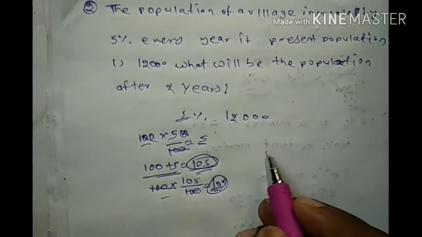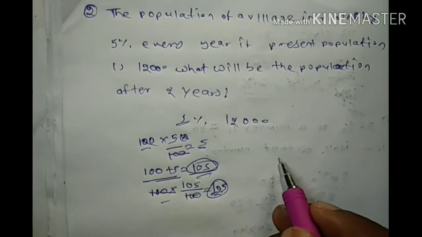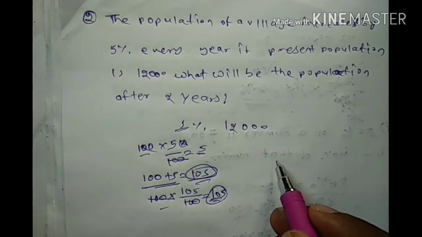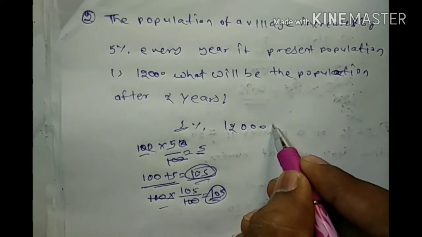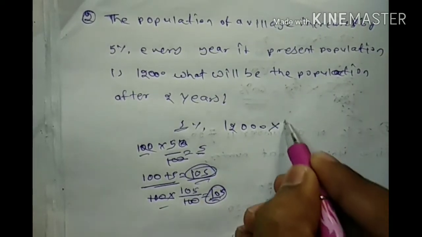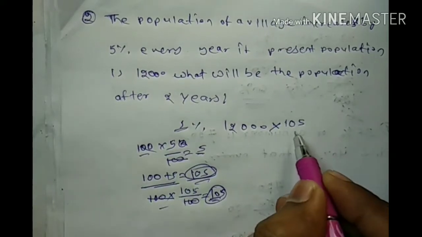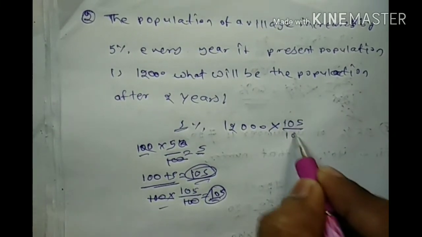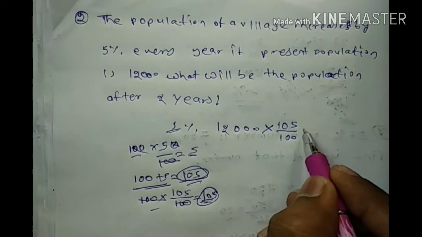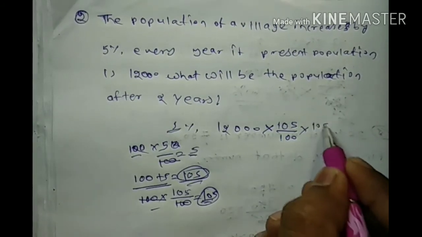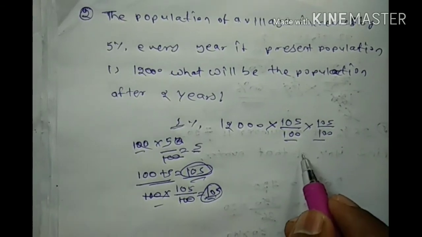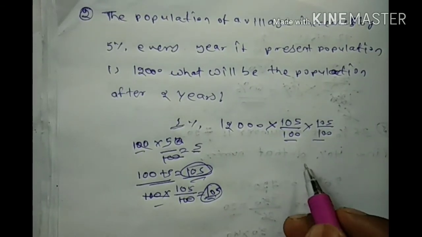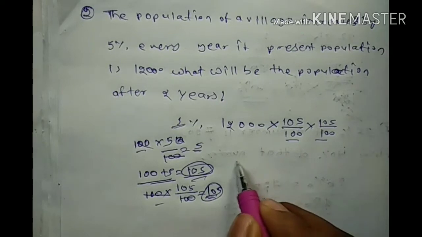So here 5% increase every year, so we have to find the population after 2 years. The given population is 12,000, so we multiply by 105% into 105%. We have to multiply 2 times because we have to find the population after 2 years.